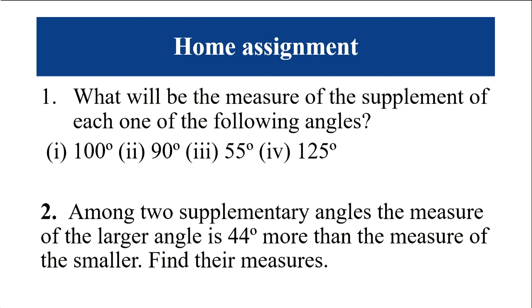The first one is 100 degree, second one is 90 degree, third one is 55 degree and fourth one is 125 degree. The second question is: among two supplementary angles, the measure of the larger angle is 44 degree more than the measure of the smaller.